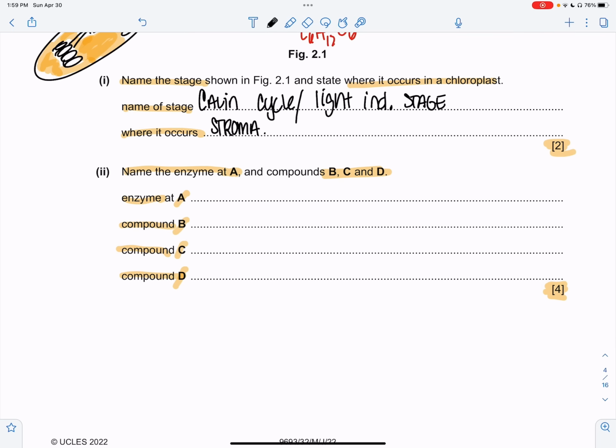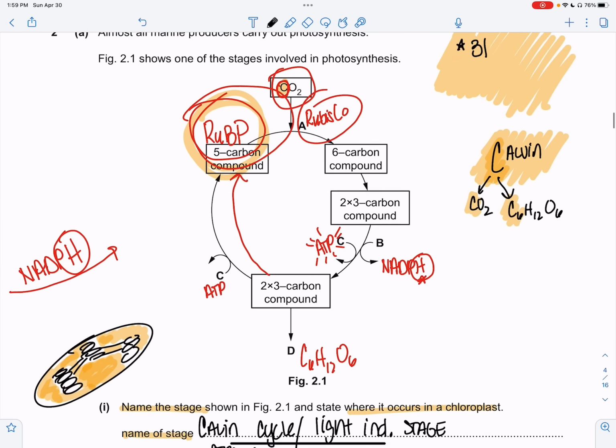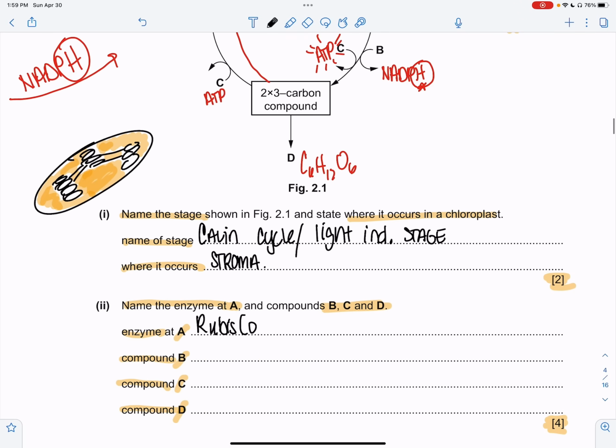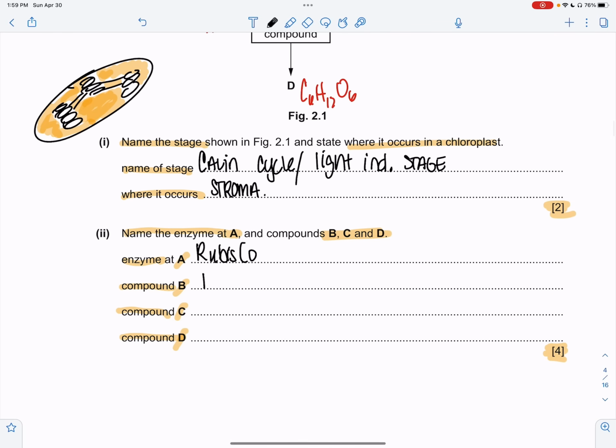Our enzyme is Rubisco. The compound at B is NADPH, or you can call it NADP reduced, because it's carrying those electrons, which reduce it.